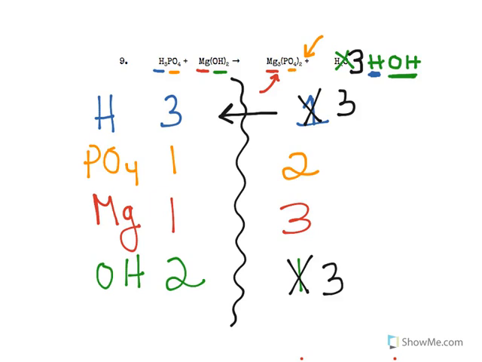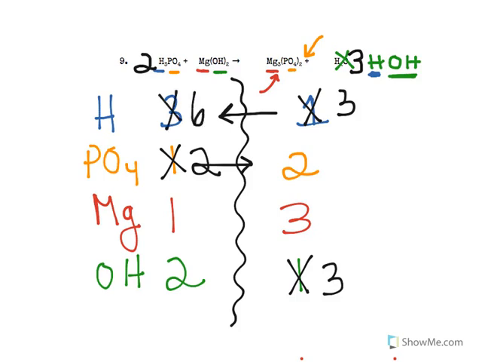So now let's move to the next one, phosphates. I notice that I have 1 on the left and 2 on the right. So what number do I need to multiply 1 by to get 2? That's a 2. So I put a coefficient of a 2 out front here. That changes that to a 2, but wait a second. That changes my blue hydrogens to a 6.